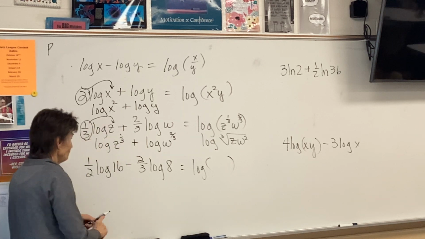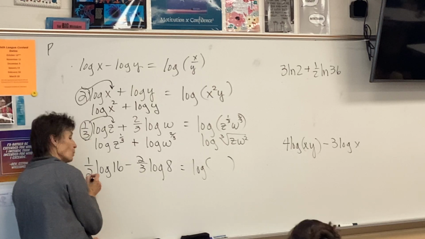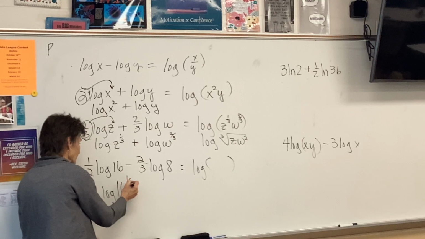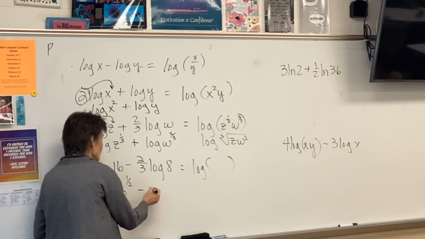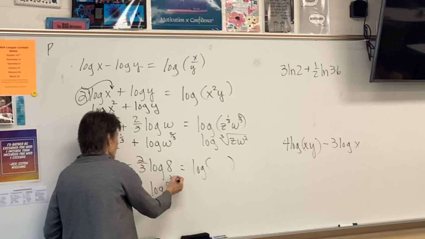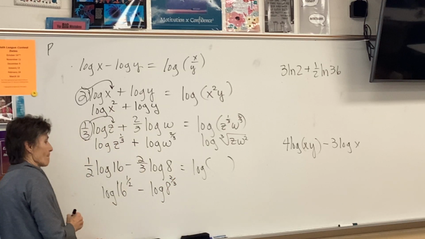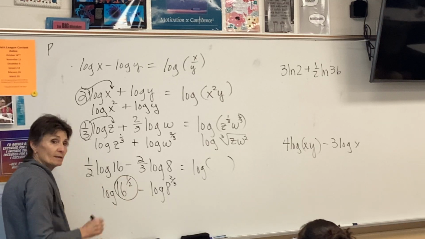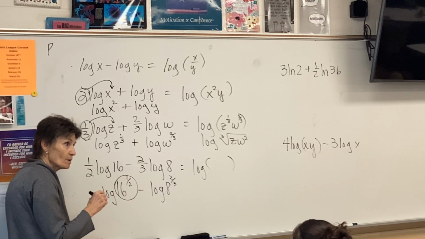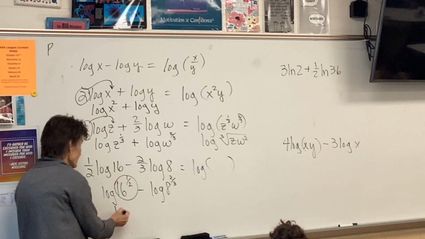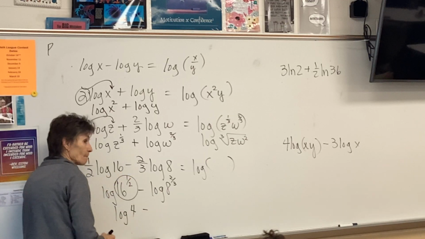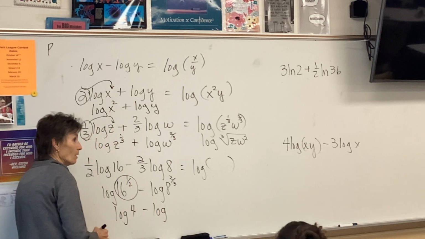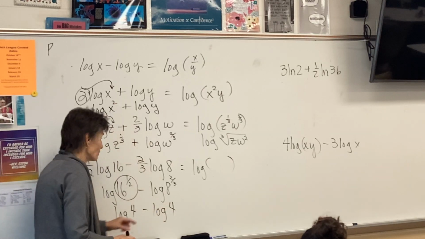All right, here we go. What happens to the 1/2? It goes over and becomes an exponent, right? And the 2/3 becomes an exponent. What's 16 to the 1/2? Uh-oh, review question. That's 4. Why is it 4? Square root. So this is just a log of 4. What's this one? Also 4. Because what does this say?